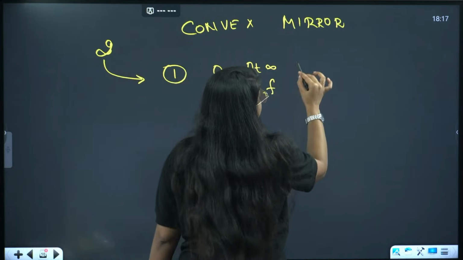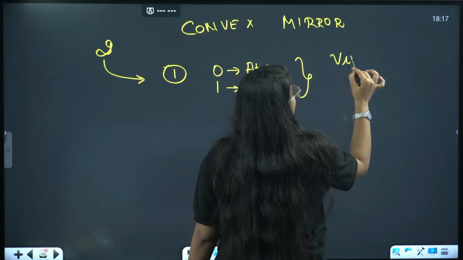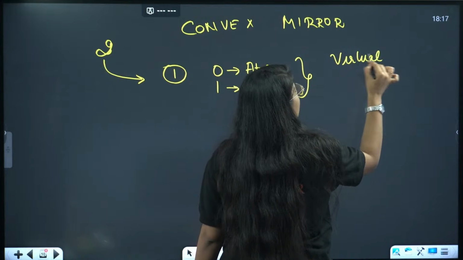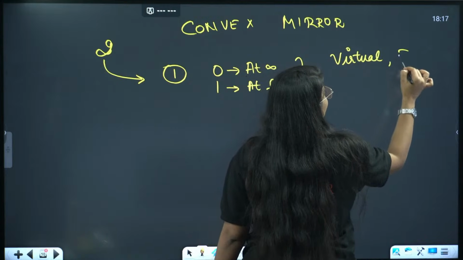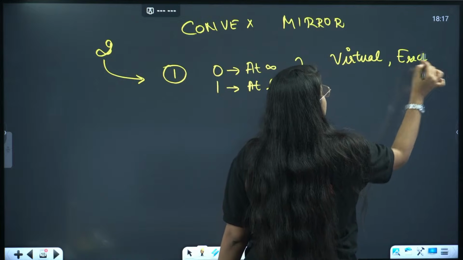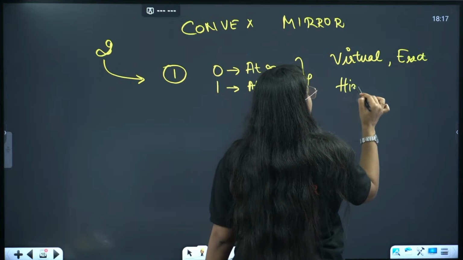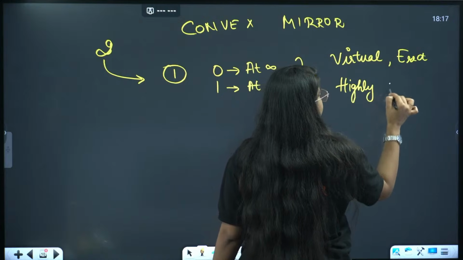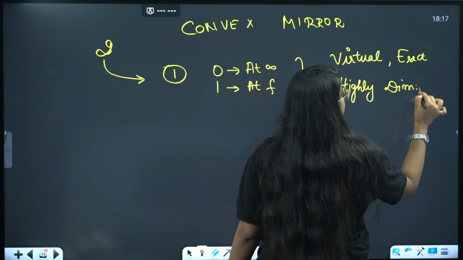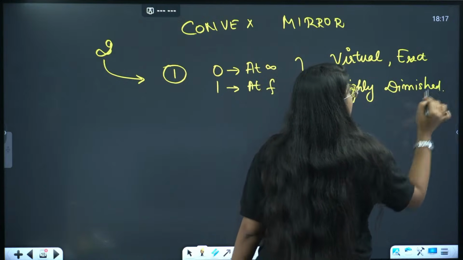And a very important thing, the image is always virtual. In case of convex mirror, always virtual, always erect, and in this case it is highly diminished. बोलो, समझ में आया?